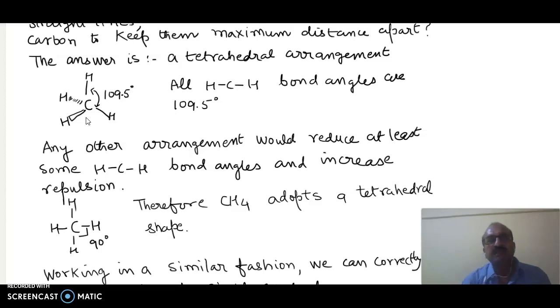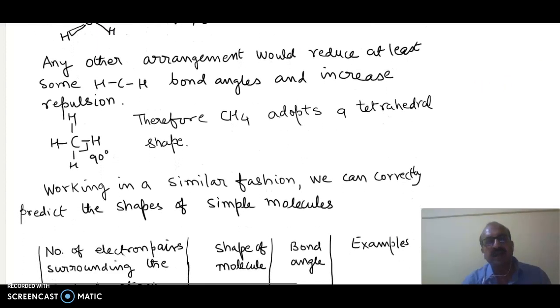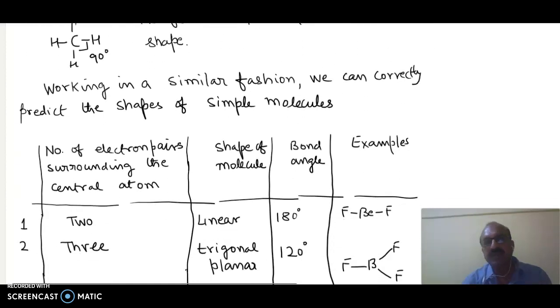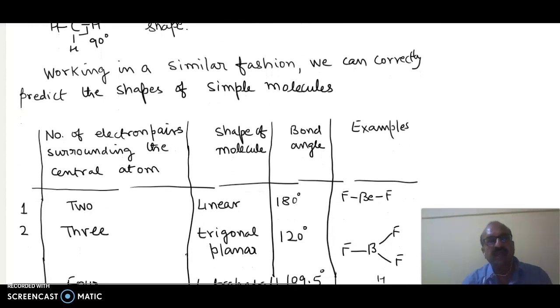Then if we go on looking at some other examples, we can make a short table in which we consider the various numbers of electron pairs. Remember that we are talking about electron pairs rather than simply electrons, because the electron pair forms a covalent bond.